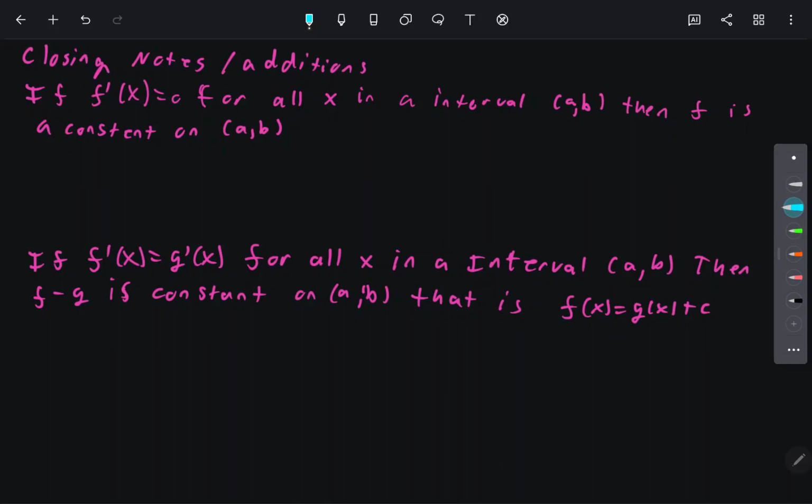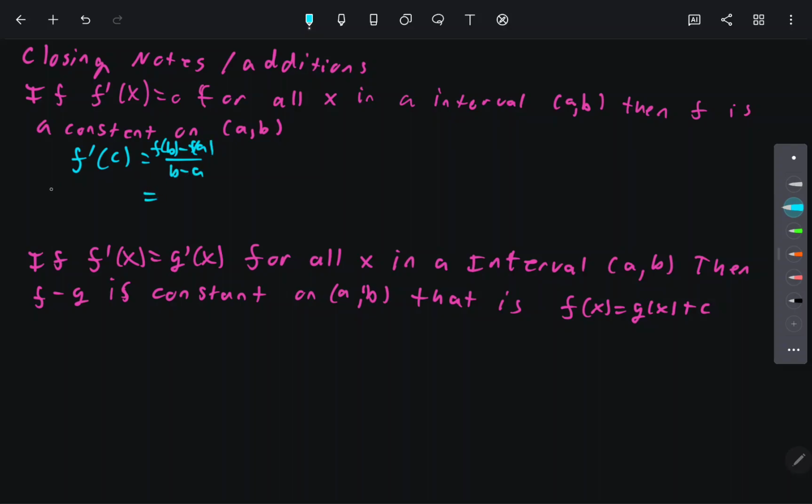So these are just a few closing notes I have. If f prime of x is equal to 0 for all x in the interval from a to b, then f is a constant on a to b, and we can show this using the mean value theorem, where f prime of c is equal to f of b minus f of a, all over b minus a.